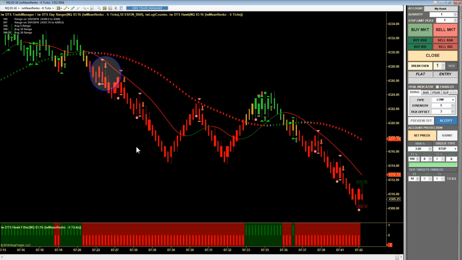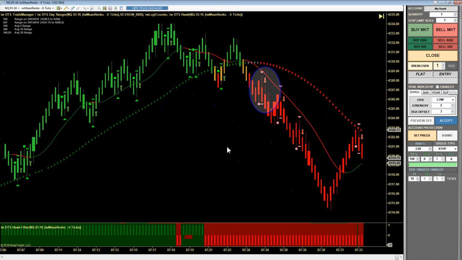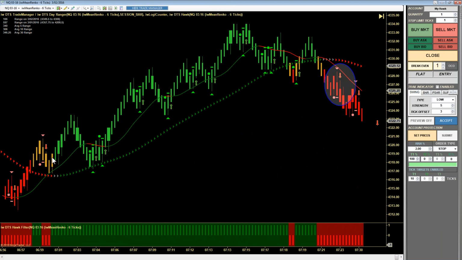There's a first micro macro cross. There's the first micro macro cross. I won't even look at the macro pullback signals or the green bar sells or any of those. So there's 2 signals. Well, this is technically our first micro macro cross also. It's overlapping with a macro pullback.